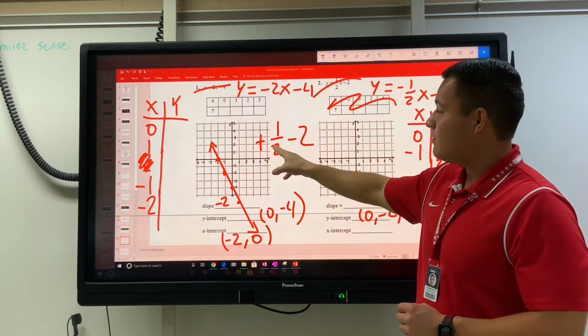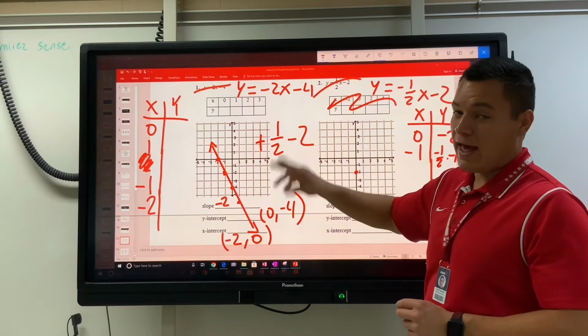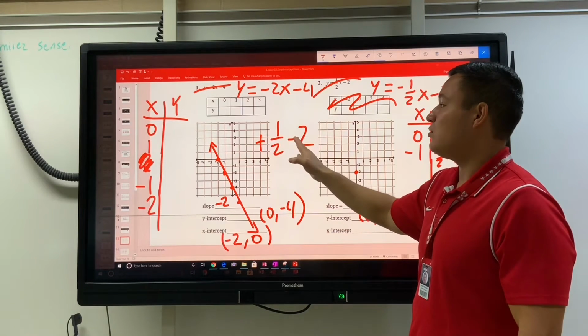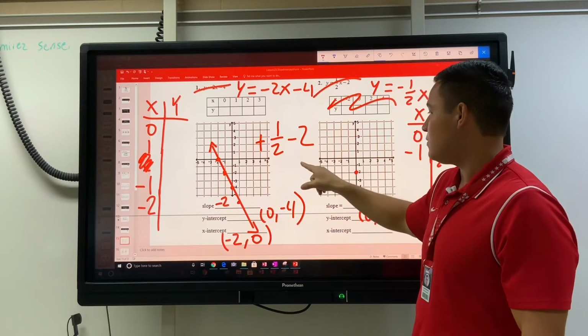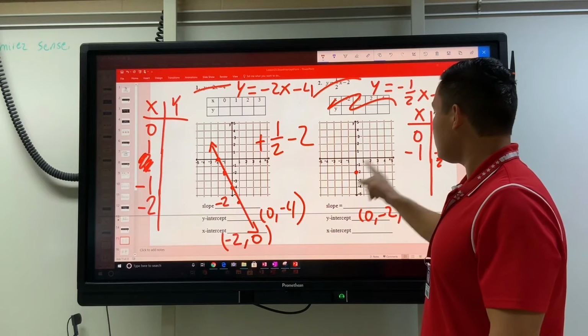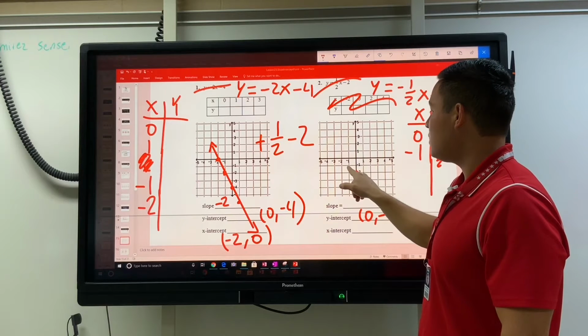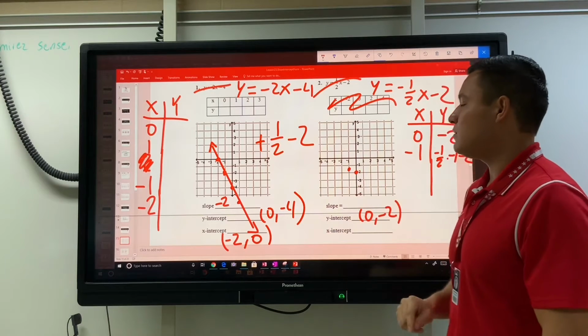This positive 1/2 is going to make this one a little bit closer to 0, but only half of a number closer. So 0.5 closer to 0 from negative 2 is, if we plug in negative 1 we should be half a space closer to 0.